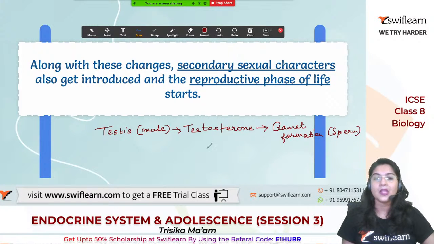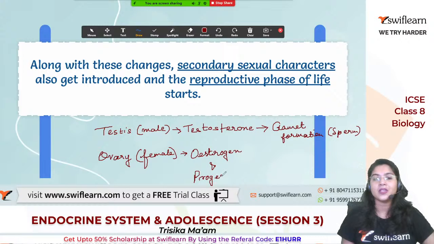Okay, and in case of female, what we know is that the main reproductive gland of the female body is the ovary, and the main hormone secreted from this ovary is estrogen. Along with the estrogen, progesterone is also secreted, but it is not in your syllabus. So just think about the estrogen.